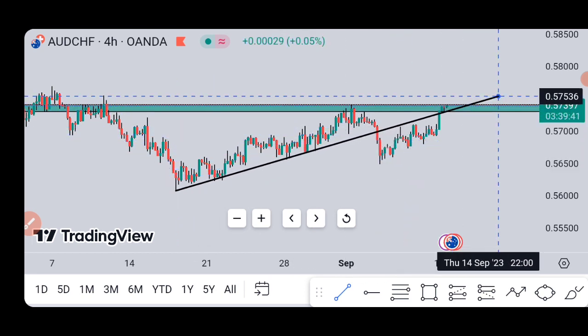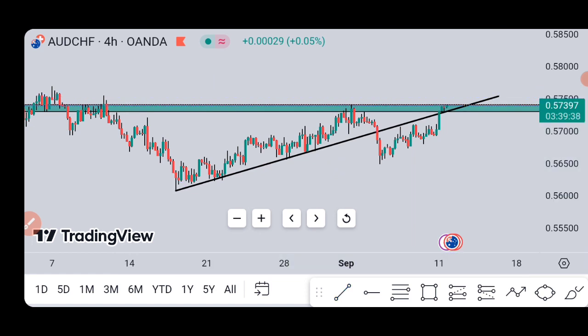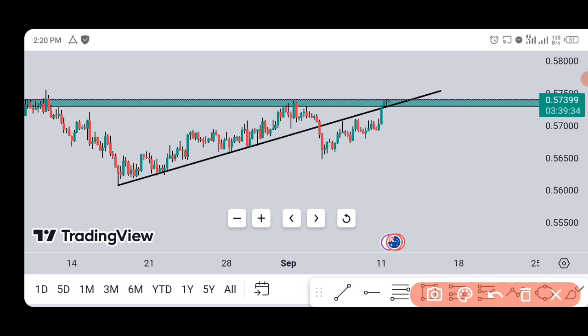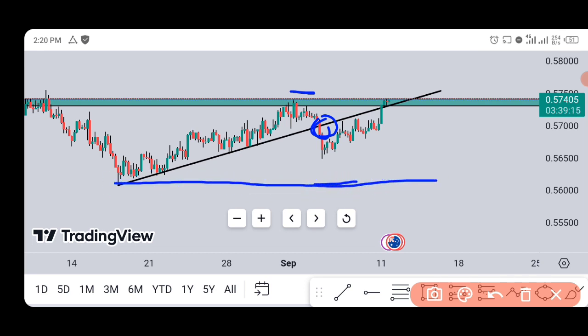I got into this trade about here, and my stop loss was above. The trade is still running in my MT5 because my stop loss was above all these highs, somewhere around here. Then my first TP was here, at the 50% retracement, and my second TP was around this zone.